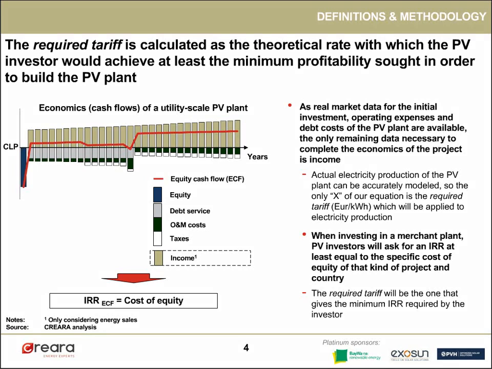So we can calculate how much the PV installation produces, but we have to calculate what tariff would be necessary, so what income per production unit, the kilowatt hour, would be necessary in order for the investor to consider this investment as attractive.